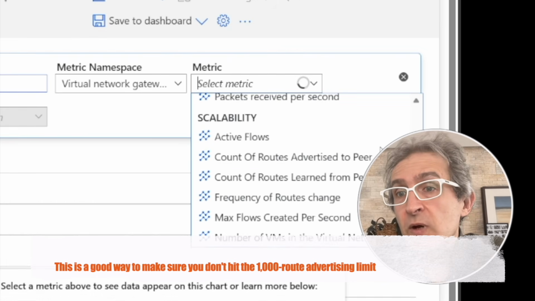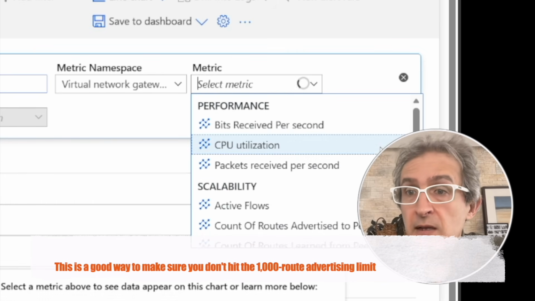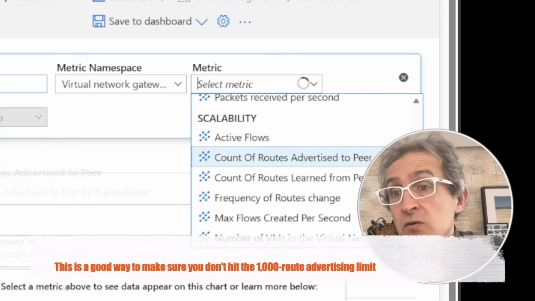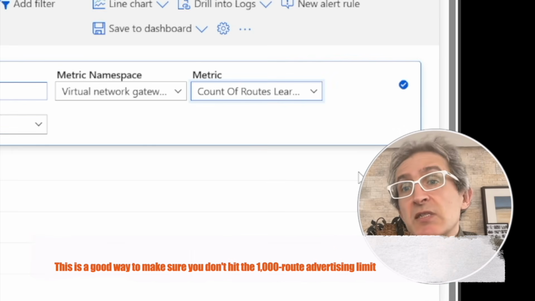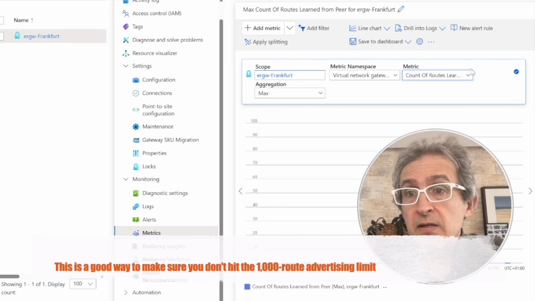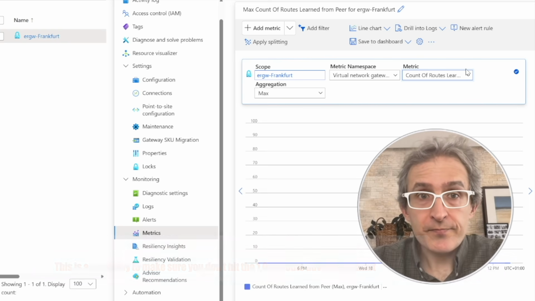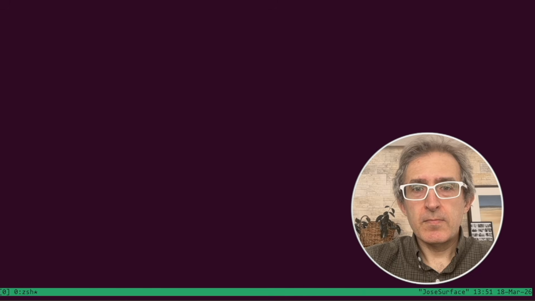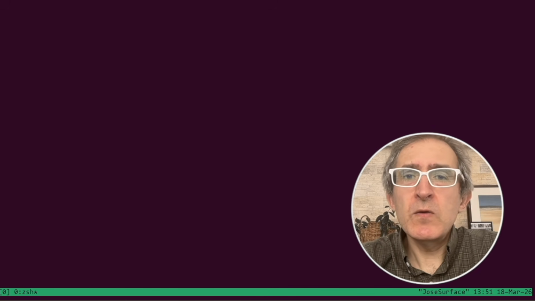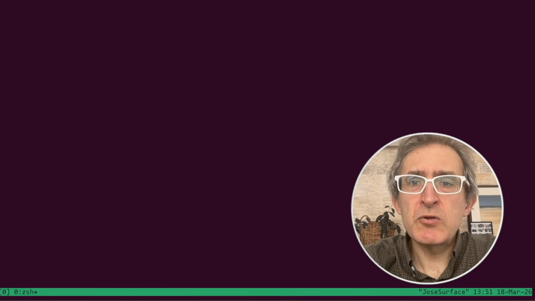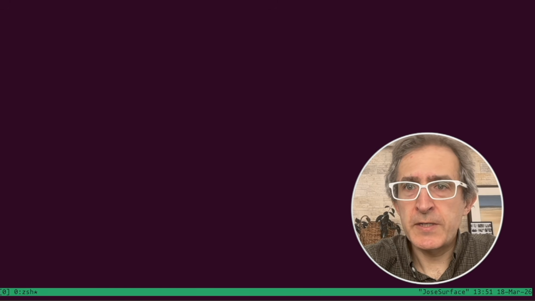For example, one I like is the count of routes. You can do count of learned routes, of advertised routes. These are always interesting to follow. All right, so let's have a look at the virtual network gateway while the connection is provisioning.